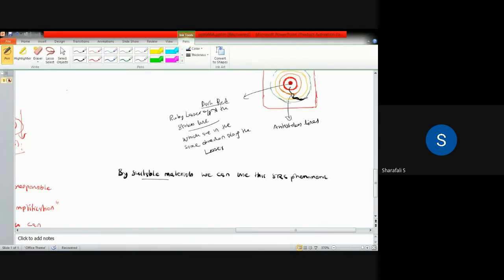So you can write: the SRS phenomenon is used to generate a number of intense and coherent laser beams. Or instead of generate, you can write make a number of intense and coherent laser sources.